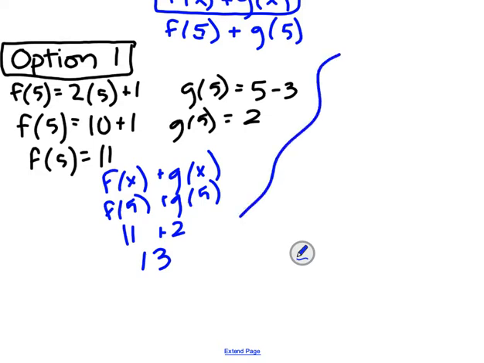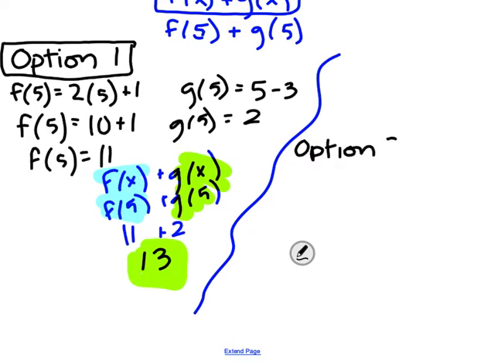That option works great, where you individually find f of x or f of 5, and then you individually find g of x or g of 5, and then it's not till the end that you combine them together. Option 2 takes a little bit of a different approach. Again, you decide which option you like better.